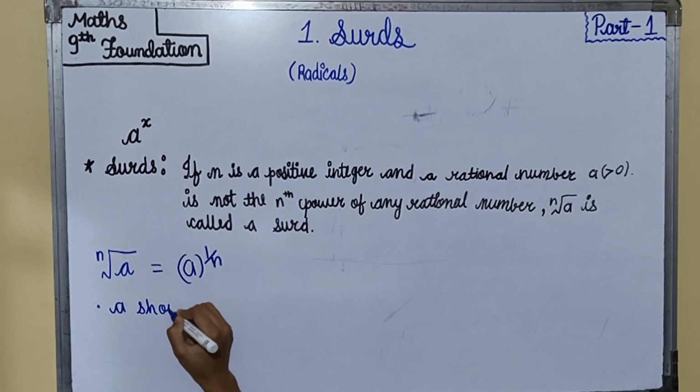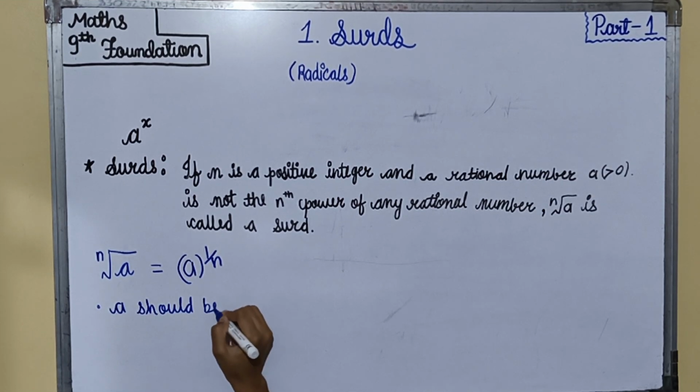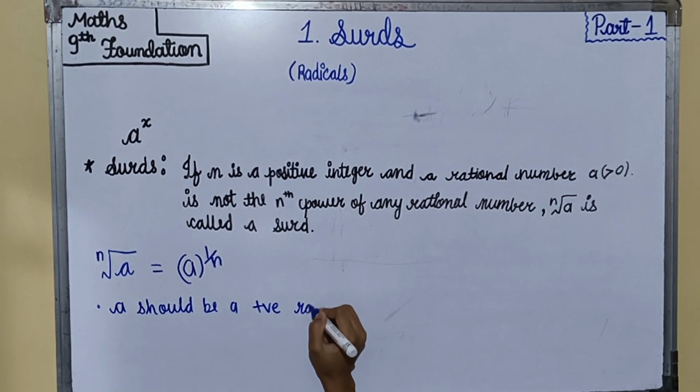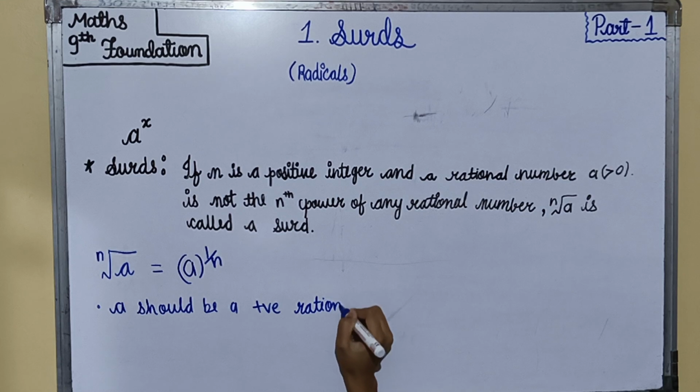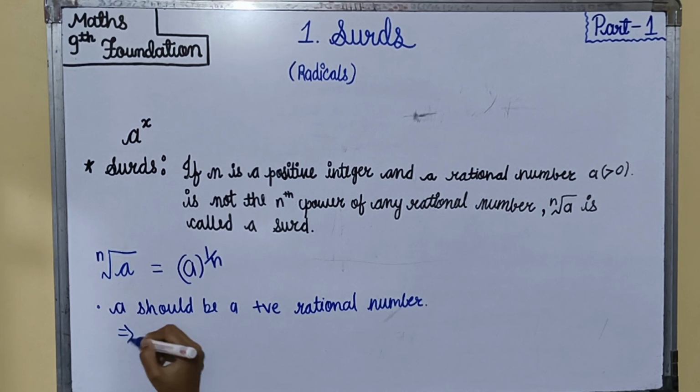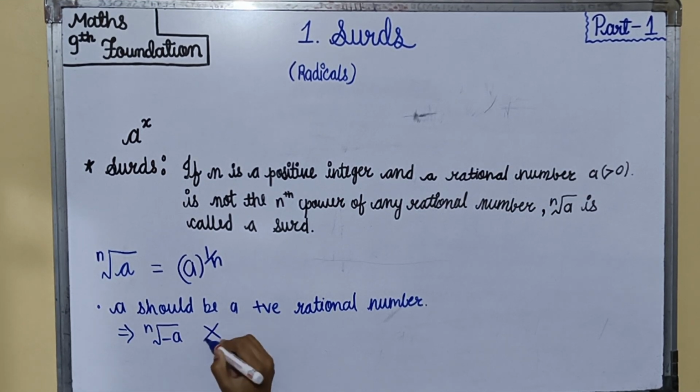Means nth root of minus a can never be written. Nth root of minus a or root minus a is not a surd but an imaginary number.